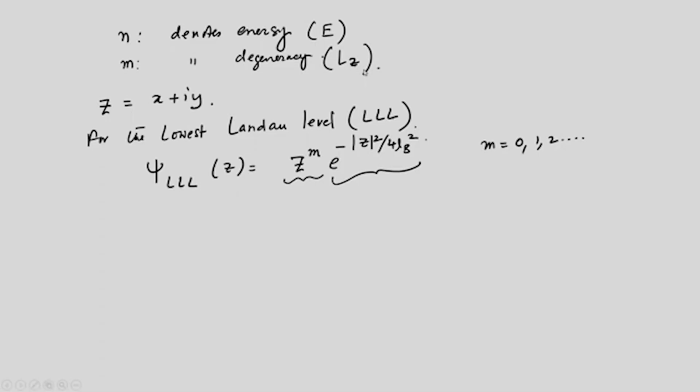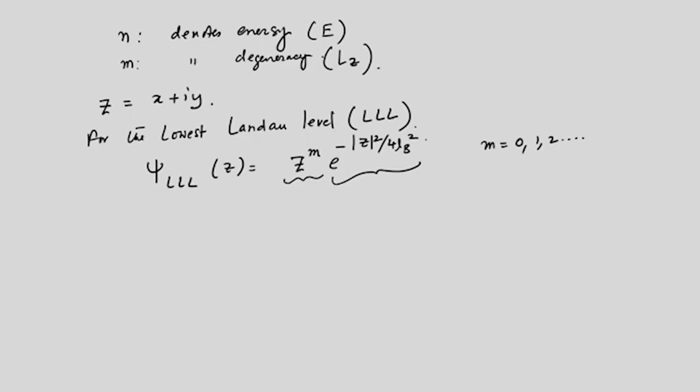We have written the lowest Landau level, which is the most important thing in our discussion, and the lowest Landau level will be discussed mostly in the context of the quantum Hall effect.